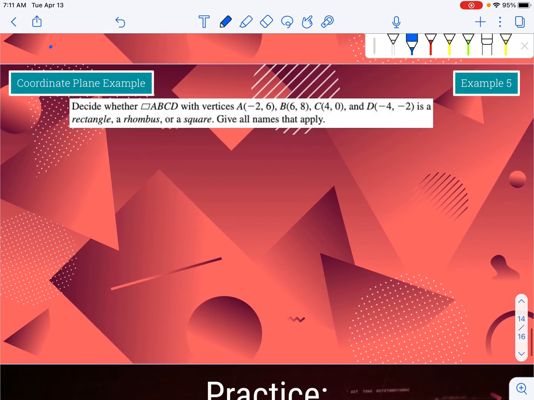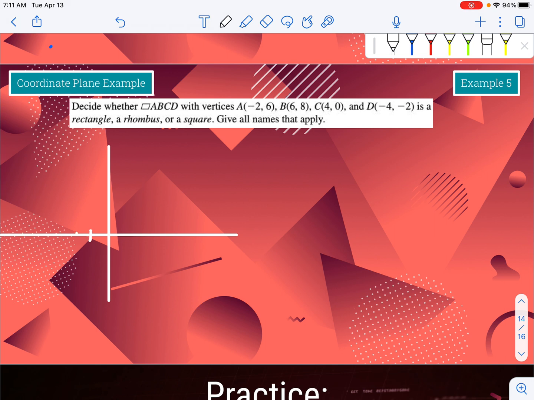Last question, example 5. And of course, you probably knew it was coming that we would deal with the coordinate plane. So it would be wrong if we didn't try to graph some stuff here. Decide whether ABCD with those vertices is a rectangle, rhombus, or a square. Give all the names that apply.